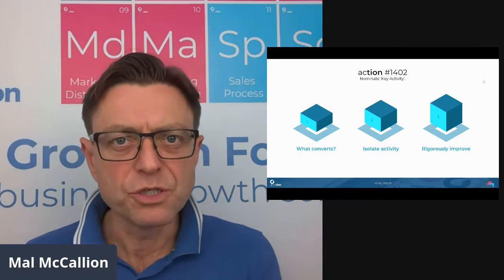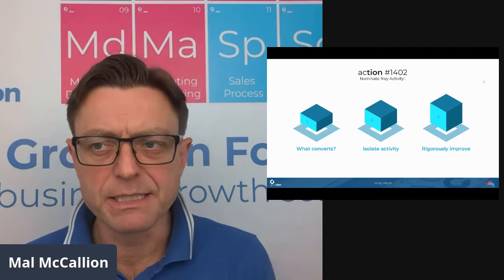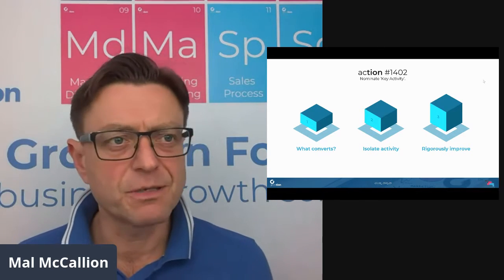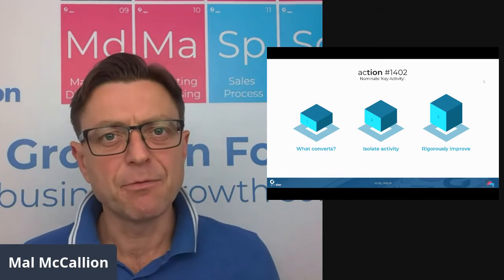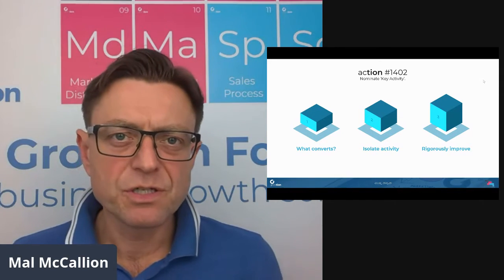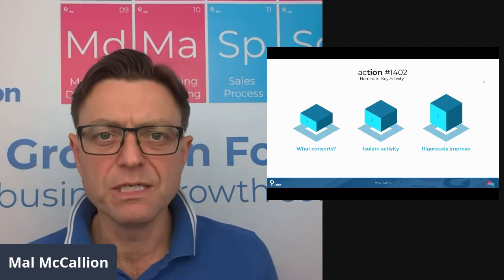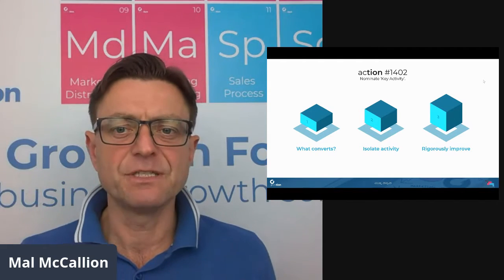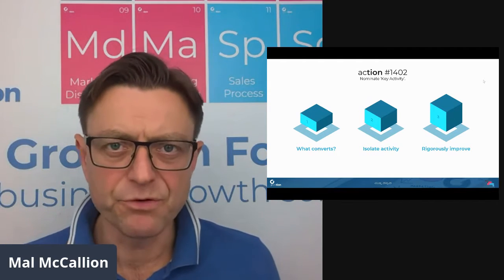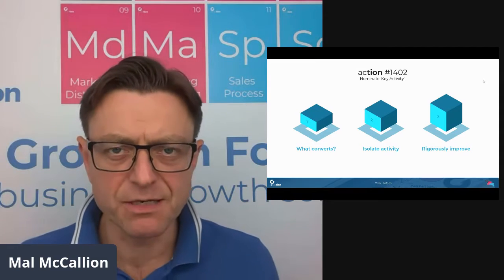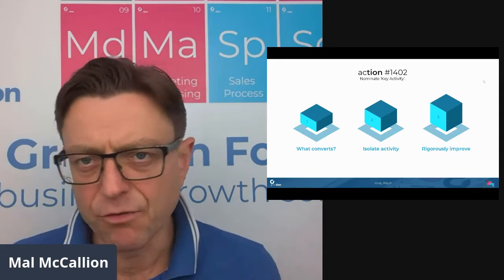Which order do you need to present things in to maximize some of the theater of it, to make it really quite exciting and get people really engaged? So there is an enormous amount that you need to do once you've identified that key activity in order to rigorously improve it. Don't just sit and go, right, I just need to make sure they're on that test drive.